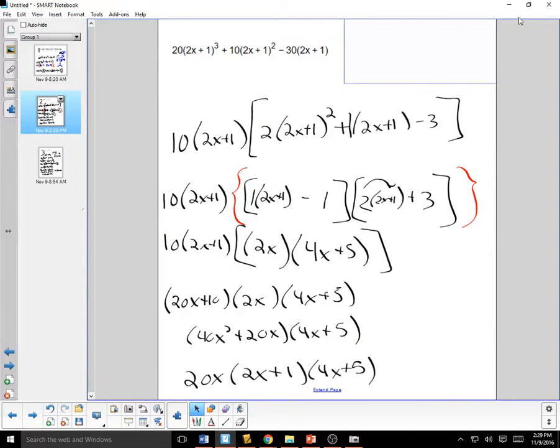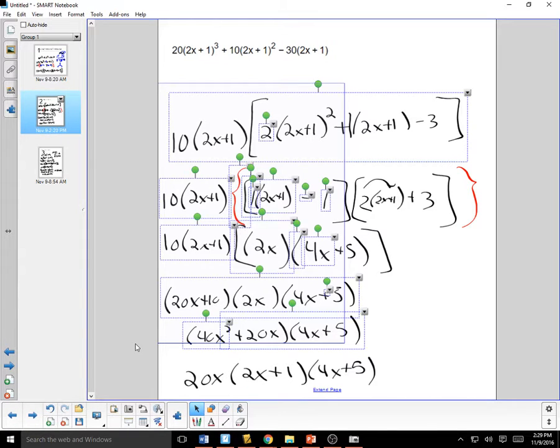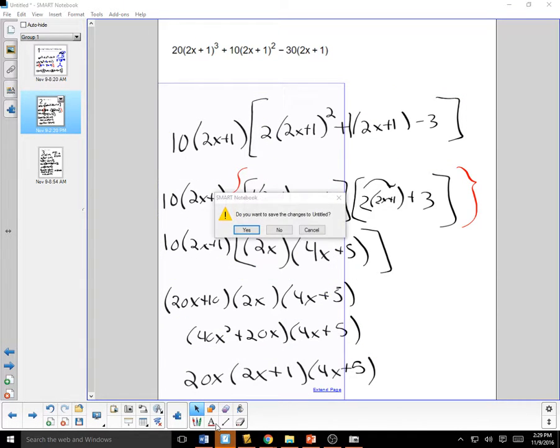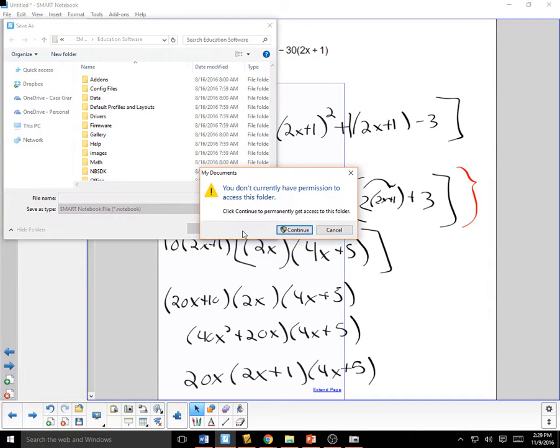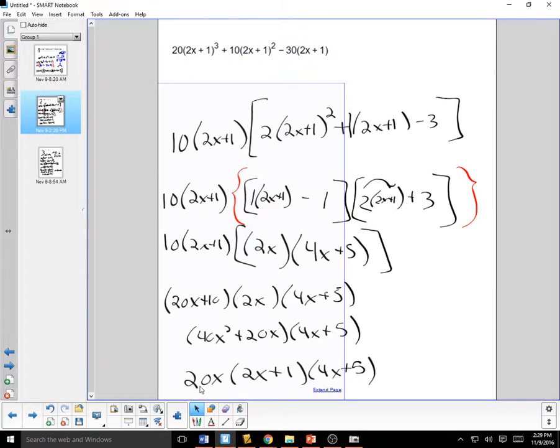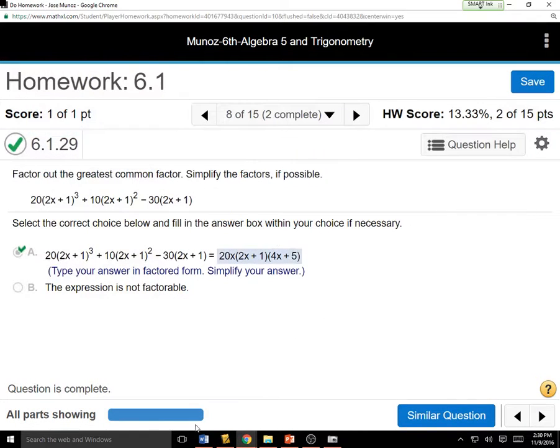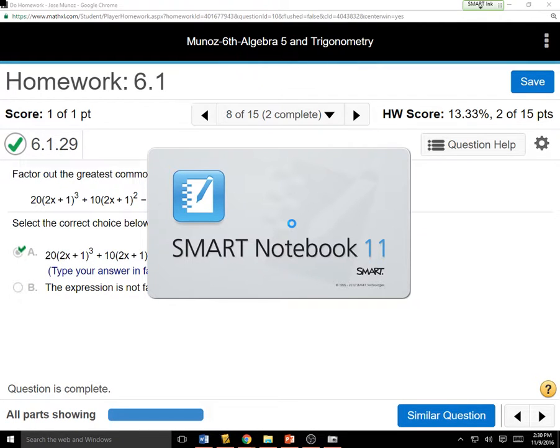Oh my god. Close windows. Yeah, I think I'm going to have to do that. Okay, let's see if it'll paste again.